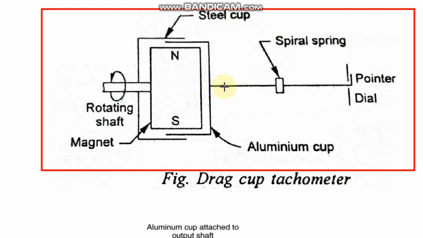Those eddy currents develop a torque and tend to rotate the spindle, which opposes the spiral spring torque. The spindle turns until the torque of the spring exactly matches the torque on the spindle, and at that time the reading is shown on the pointer. So this is the concept of the drag cup tachometer. I think you have understood.